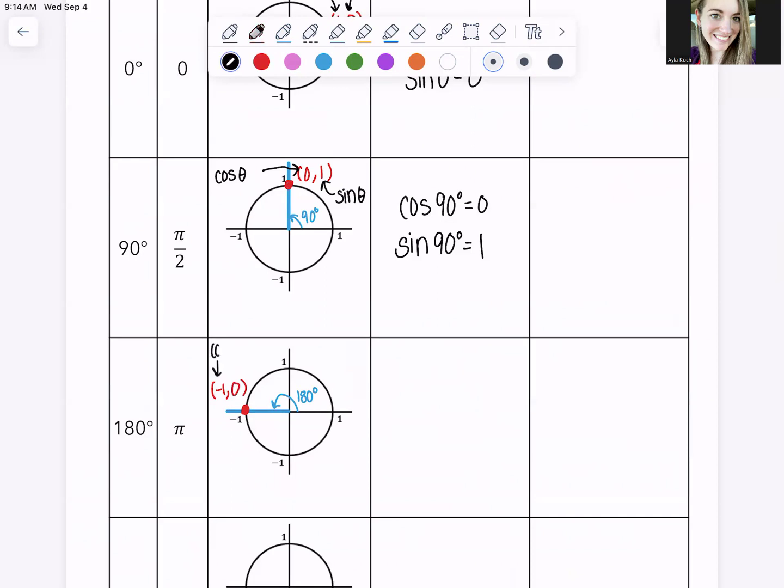X value is cosine of theta. Y value is sine of theta. In this case, theta is 180 degrees. So cosine of 180 degrees is -1. Sine of 180 degrees is 0.